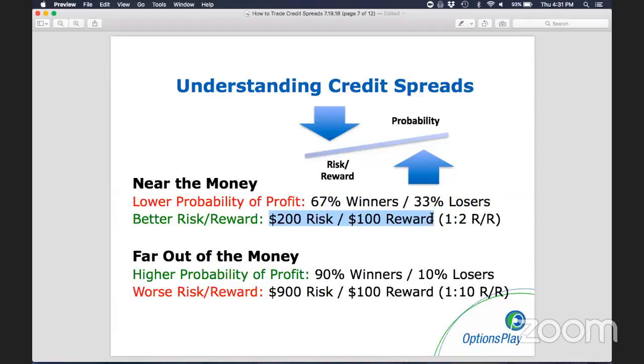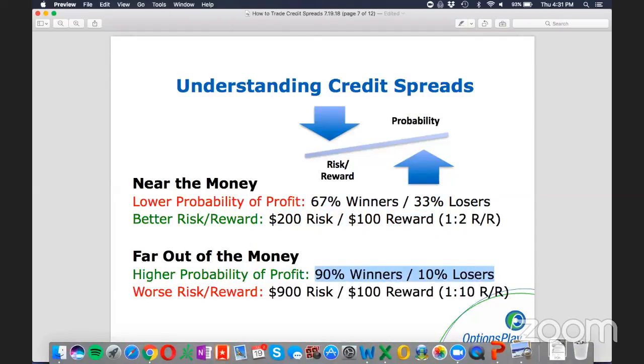Conversely, you can also sell far out of the money credit spreads. What these typically have is a much higher probability of profit. You might see probabilities of profit of 90%, 95%, even 98% sometimes. If you're looking at SPX or some of the indices that have far out of the money options that still have some premium in them, you can find 95, 98% probabilities of profit.